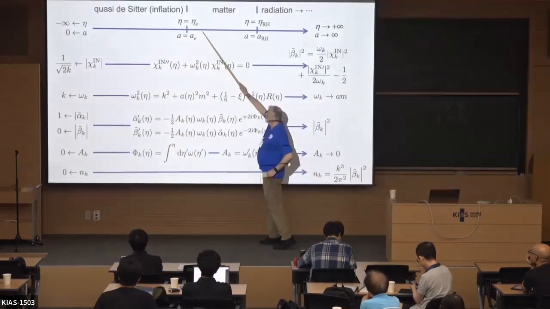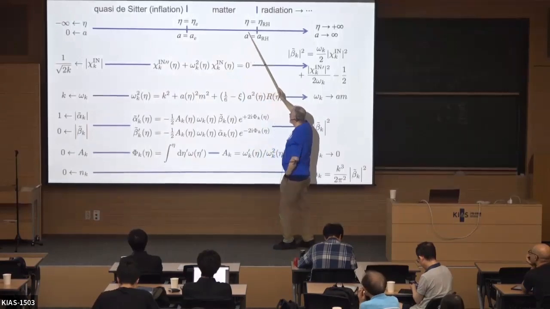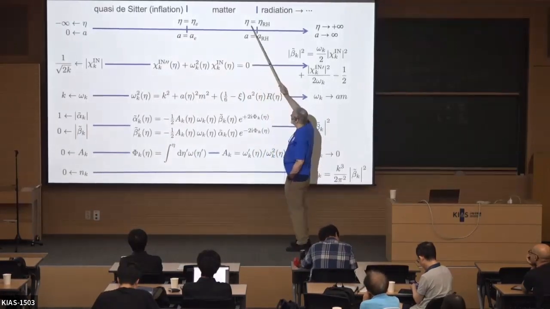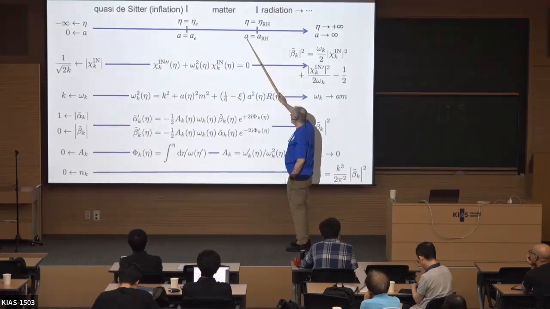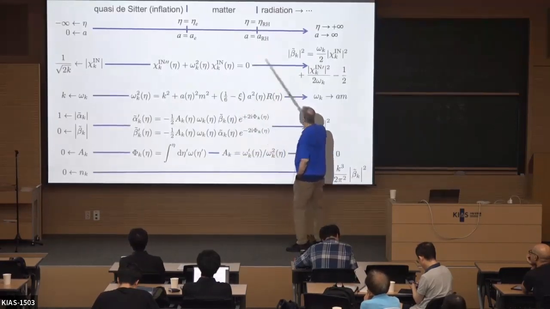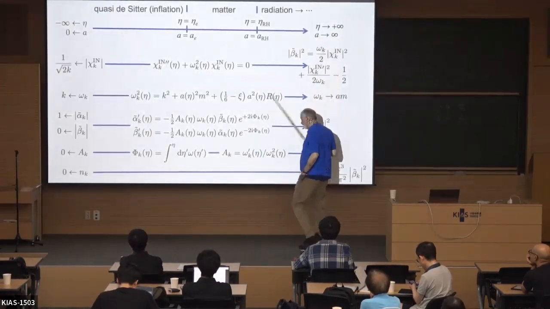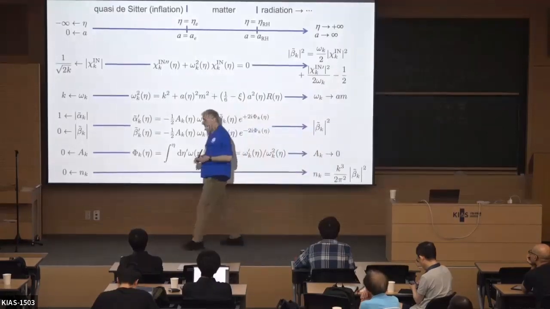This remains until the inflaton field decays at some conformal time, eta sub RH for reheat, when the scale factor is a sub reheat. And then this will end up at eta equal plus infinity. a goes to infinity, in other words, today.